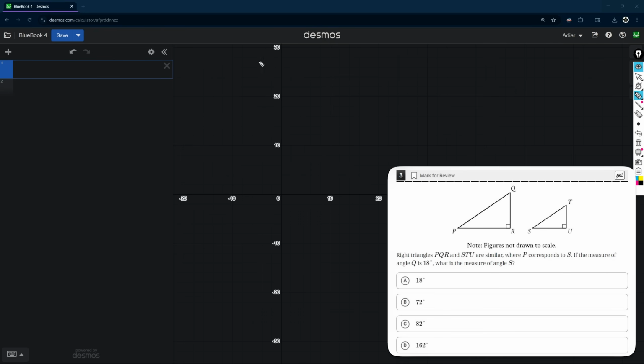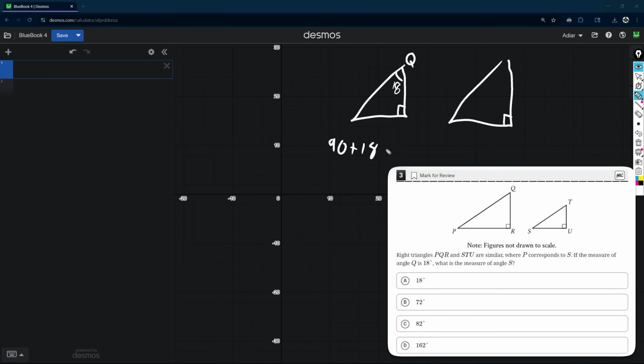What we're given here is two triangles, and the measure of angle Q, which is up here, is 18. Since this is a right angle, and we know that all the angles in a triangle add up to 180, we know that 90, which is the right angle, plus 18, plus the measure of angle S is equal to 180.